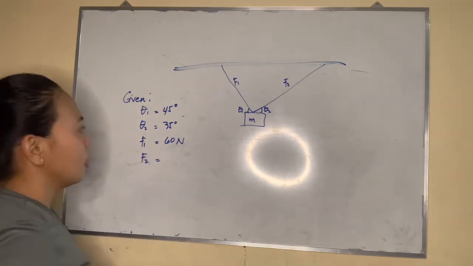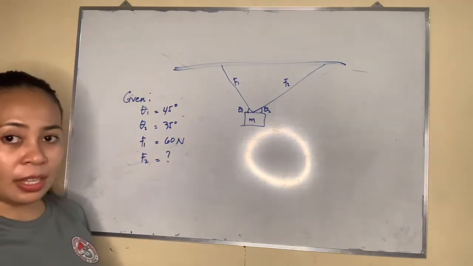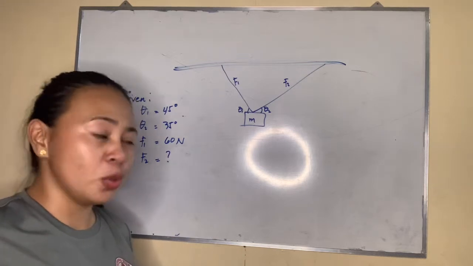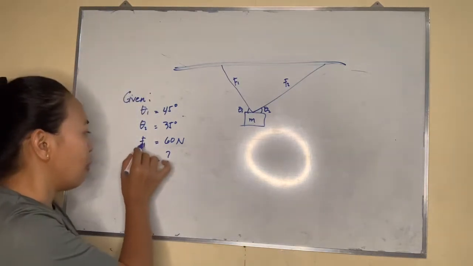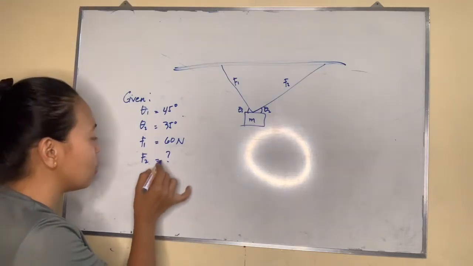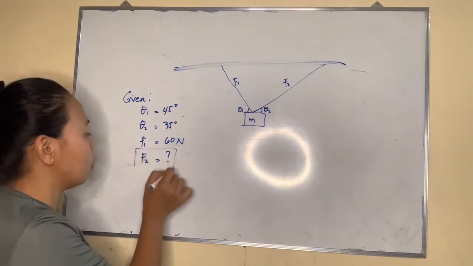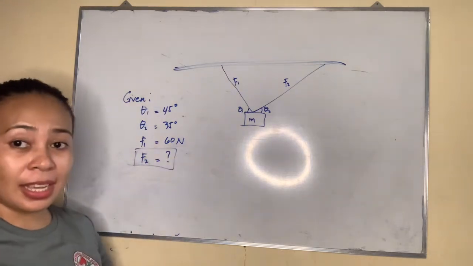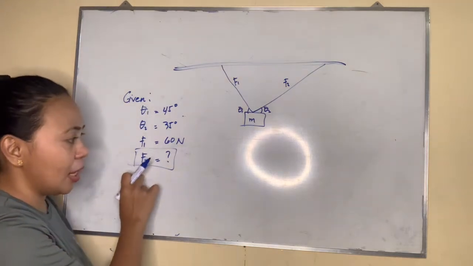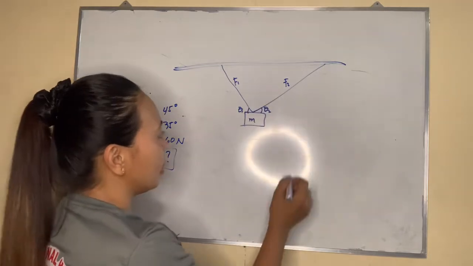And your F2 is not given. Okay? Kasi dun sa example na binigay sa module, ang lahat ng forces sa 1 and 2 are given, di ba? So, paano natin isosolve kapag ganito siya? F2 is not given.